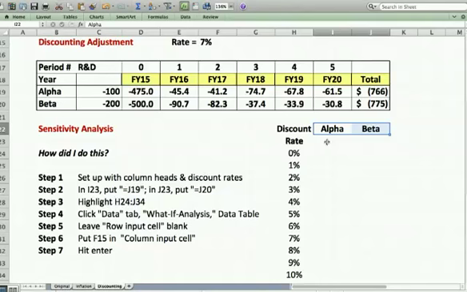The first thing we have to be able to tell it is basically what values it should report. So here in cell I23, this is going to be the NPV for alpha. For beta, in cell J23, it's going to be the NPV for beta, so I'm going to set that equal to beta.